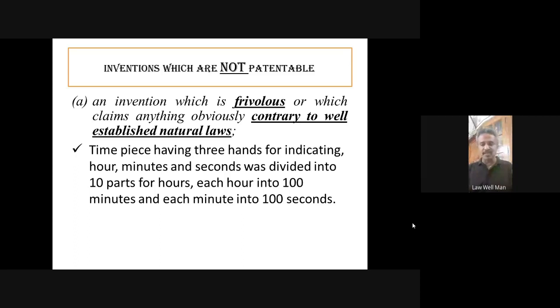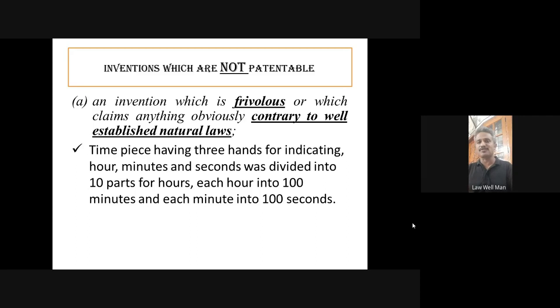Each minute was divided into 100 seconds. If this is adopted, it is going to create a lot of confusion. Just think of scheduling a session like this on this clock. Tomorrow it may be at a different time as per the properly established clock. It's going to be total chaos. So this was not allowed.